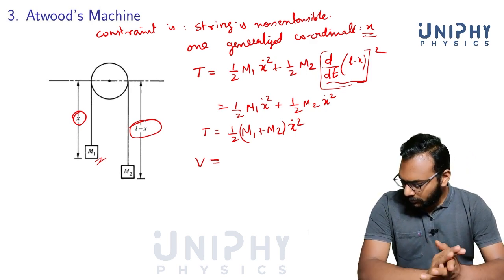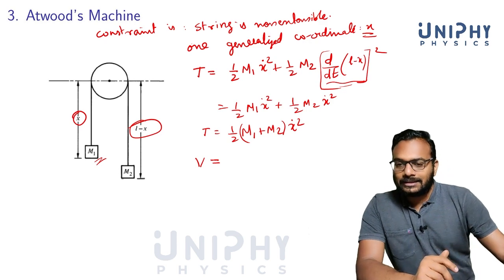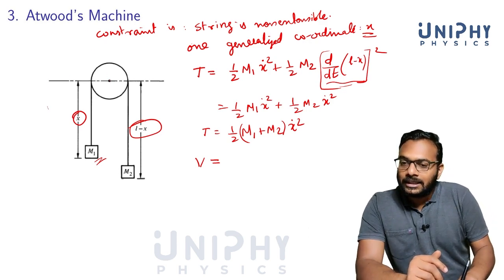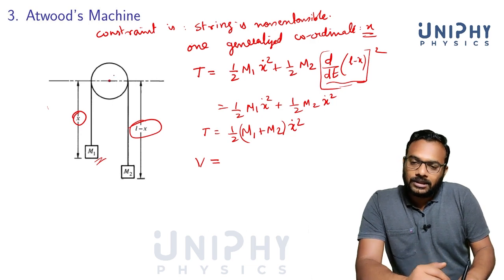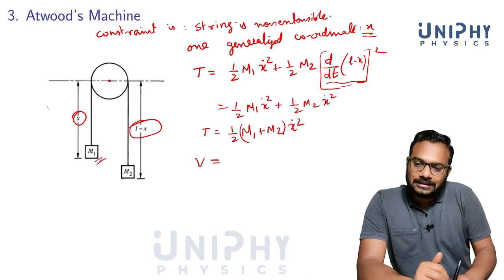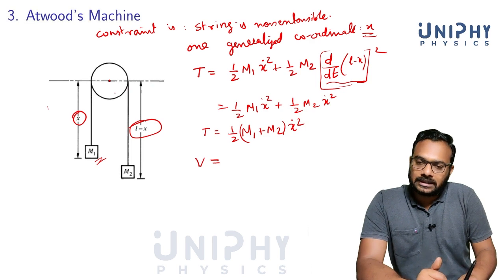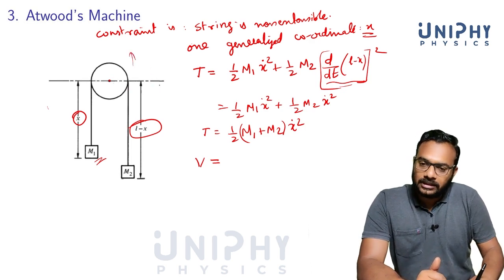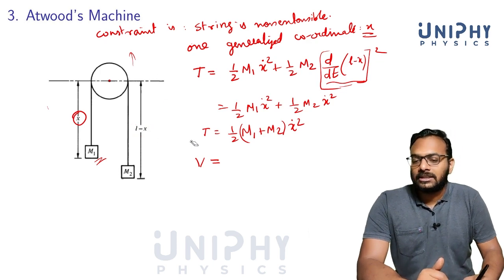The convenient choice is to take this line as the zero of the potential energy. Above it the potential energy will be positive, and below it the potential energy will be negative.